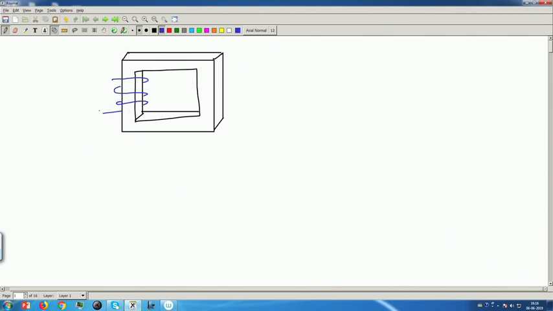Okay. When there is a single coil and there is a core like this, if this coil carries current, it will produce flux inside the core. So, we start with the magnetic circuit. Okay.